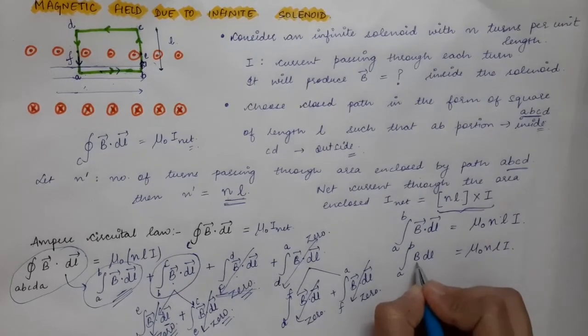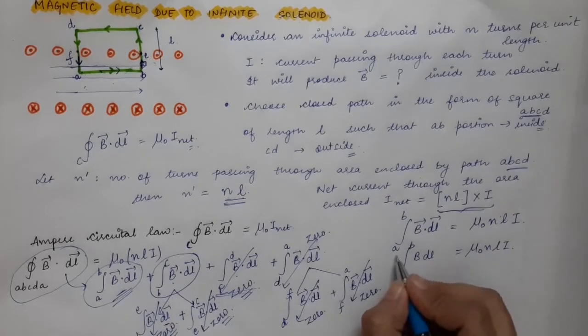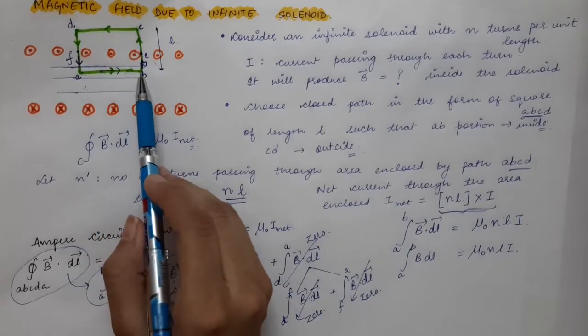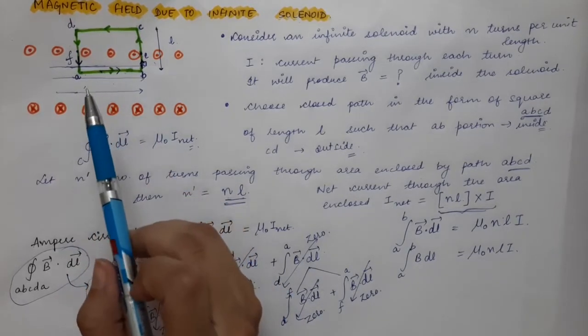Now this magnitude of the magnetic field can be taken outside the integral, because at every point inside this infinite solenoid, the magnetic field will be uniform.